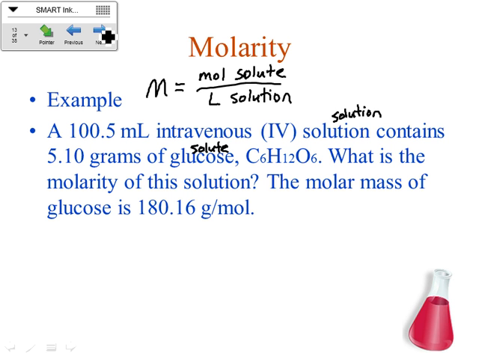Okay, yeah, so the problem here is we have grams of the solute, not moles of the solute, right? But that's okay, because we have this. This will get us from grams to moles, won't it? And like I said, they were nice enough to go ahead and calculate the molar mass for you, so you didn't have to do it. So 5.10 grams of the glucose, C6H12O6.